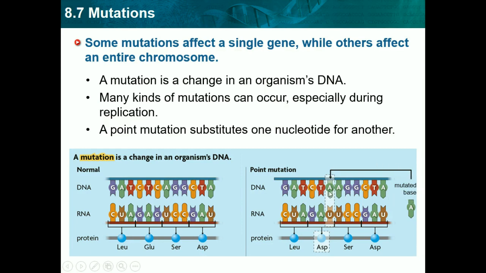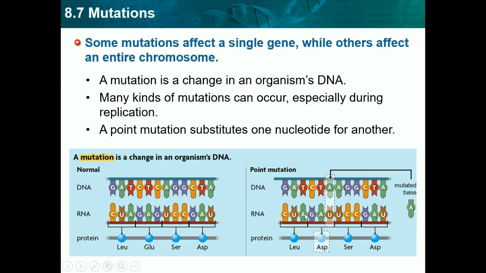It comes in and replaces the C that was here with the A. So this C is replaced with an A on the mutated part. And then our RNA changes because this A has to match with the U. And then our protein changes because the codon here is GAU, not GAG. So now we have ASP instead of GLU.